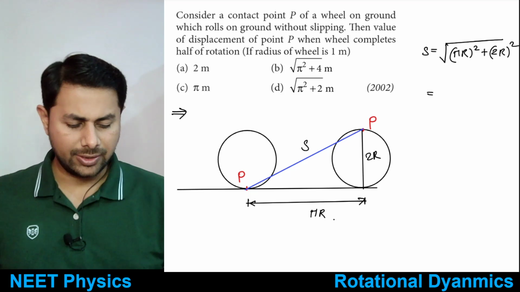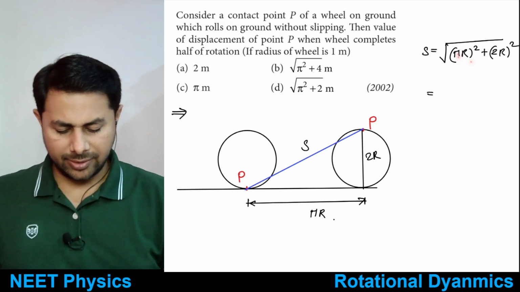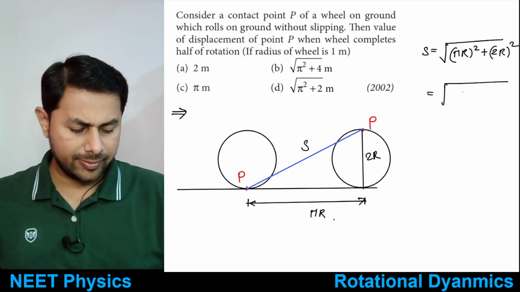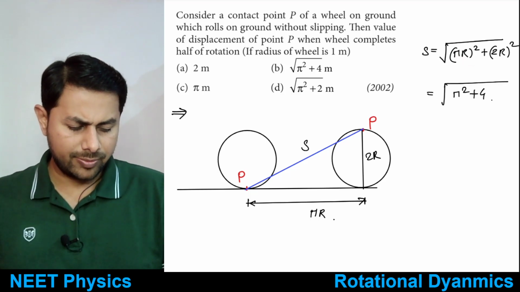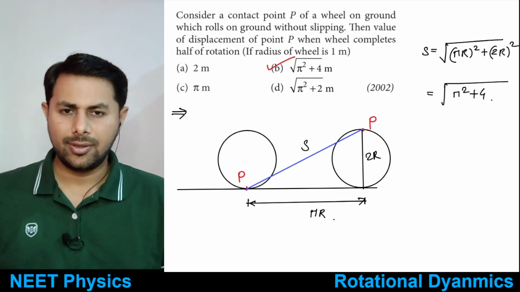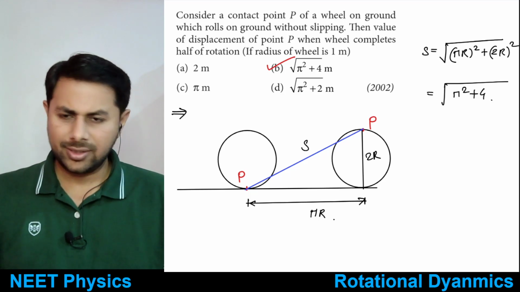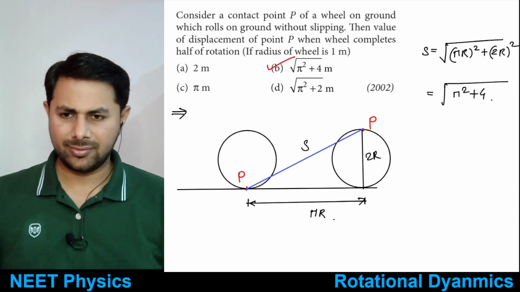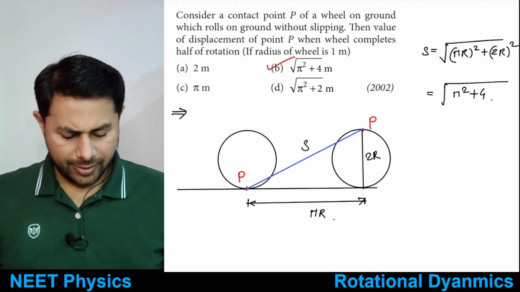That means it is the square root of pi square plus 4, right? Very good, Yamini. So it is option B. Okay, this is simple, right? Okay, good.